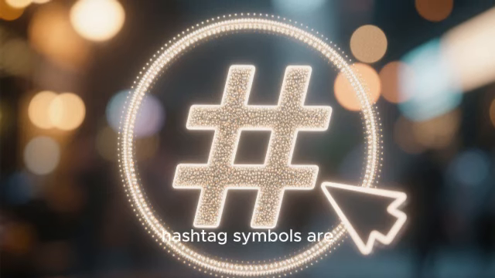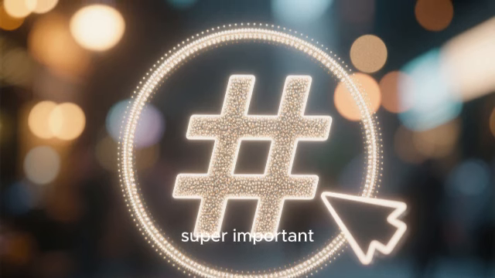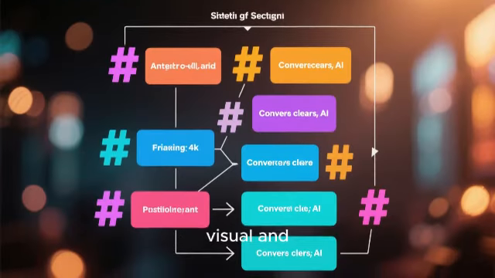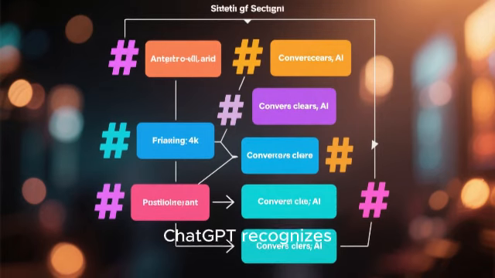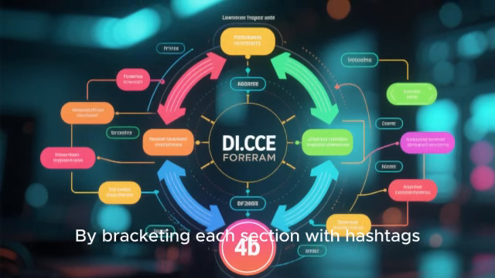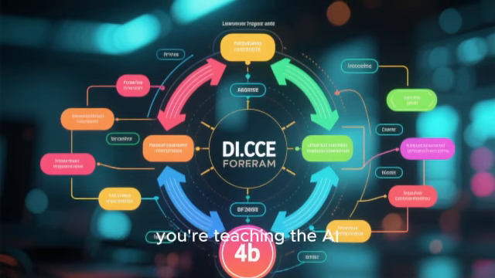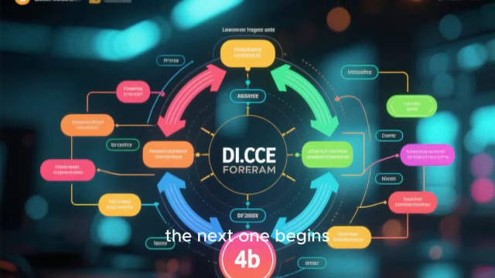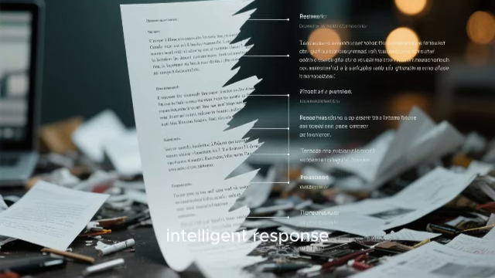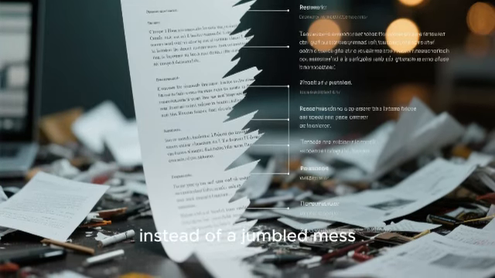Now, those little hashtag symbols are super important. Don't skip them. I use them intentionally because they create visual and structural boundaries that ChatGPT recognizes. By bracketing each section with hashtags, you're teaching the AI where one instruction ends and the next one begins. This is key to getting a structured, intelligent response instead of a jumbled mess.